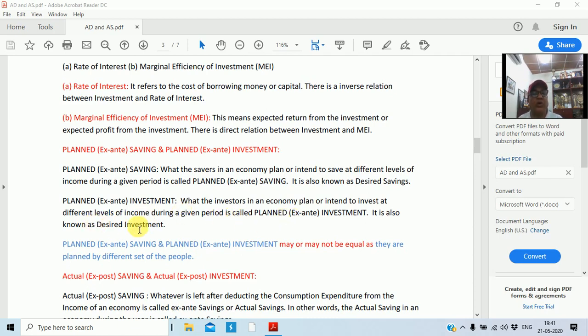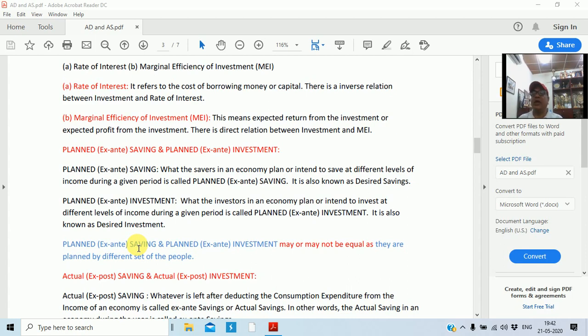It is also known as desired investment. So in the economy, there are two sets of people. One who are planning or desiring about savings, and others who are planning or desiring about investment. Right? Now, both sets of persons are different. Those who are desiring for saving are savers. Those who are desiring or planning for investment are investors.